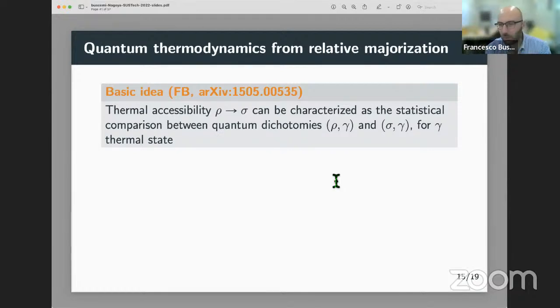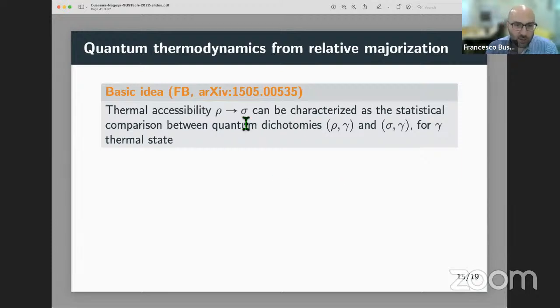Because this Blackwell theorem was used for what people call thermomajorization, a natural idea would be to use the quantum Blackwell theorem in order to characterize quantum thermomajorization.